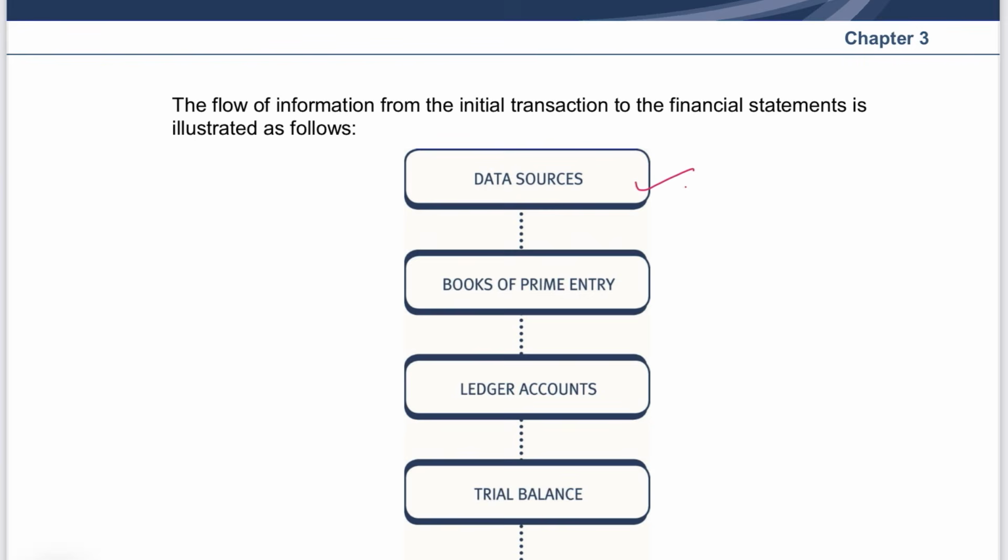And after that, the figures and the titles of account are used in the books of prime entry, right? Books of prime entry are also known as books of original entry. These are the day books, right?